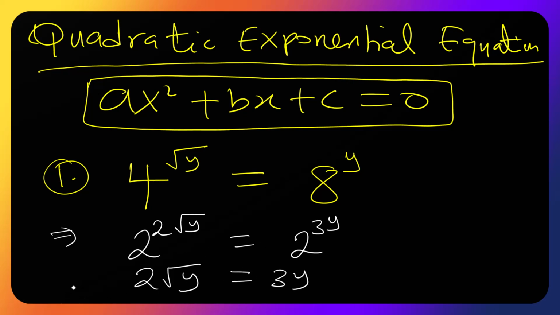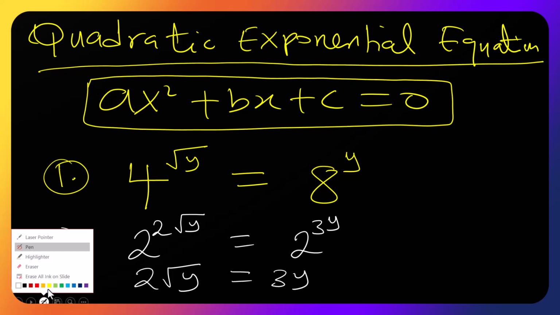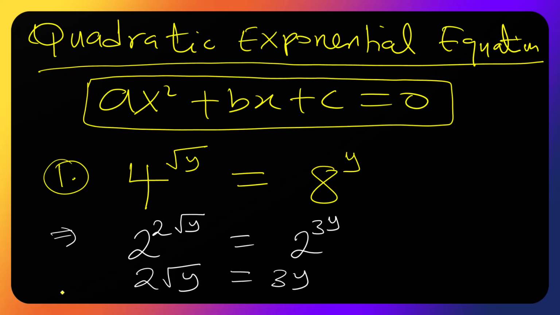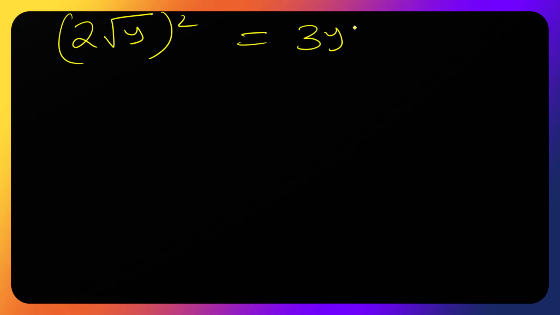Now let's solve this equation. Because we have a radical sign here, we have no option but to square both sides. So let's go ahead and square both sides. We have 2 square root of y all squared equals 3y all squared.